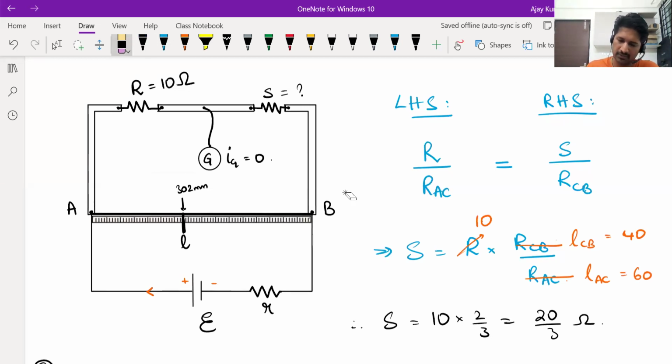Then what you will observe is when you connect the jockey at 30 centimeter marking, the galvanometer shows deflection in one direction. When you connect it at 31 centimeter marking, you will see that it is deflecting in the other direction. That means the balancing point is somewhere between 30 centimeter and 31 centimeter. Now you can go in steps of millimeters. That's just a quicker, more efficient way of performing the experiment.